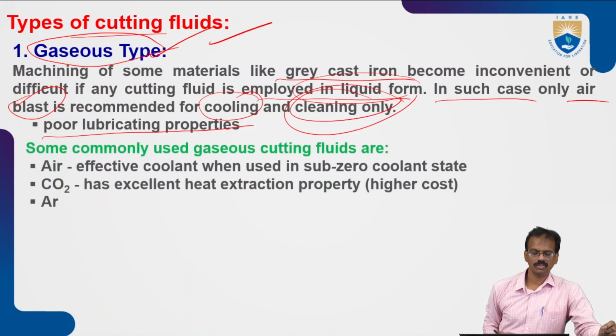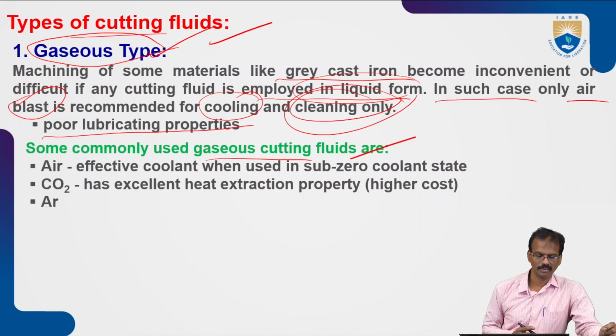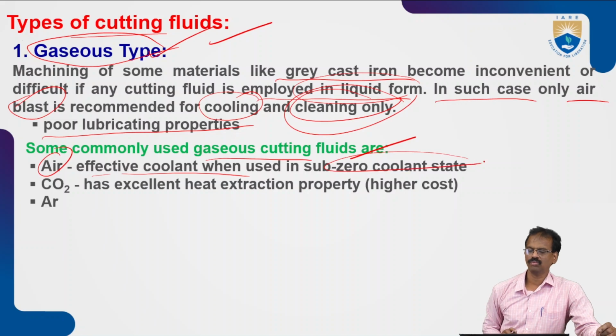Okay. So next, some commonly used gaseous cutting fluids. We will see what are the different gaseous fluids available in the market. The first one is air. It is a very common, effective coolant, very effective when it is used in a sub-zero coolant state.